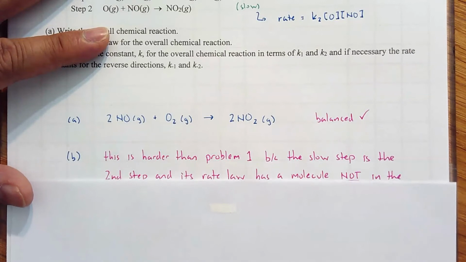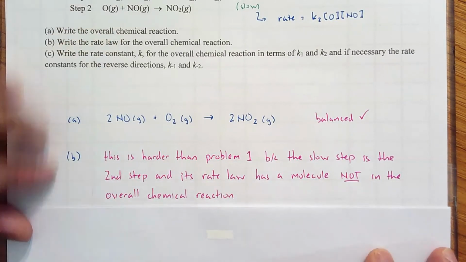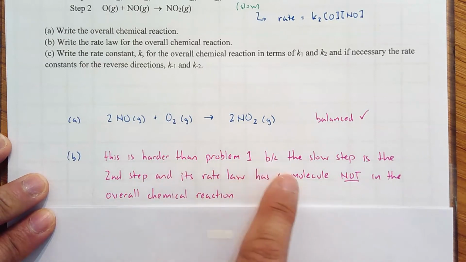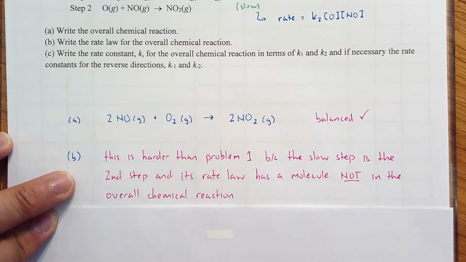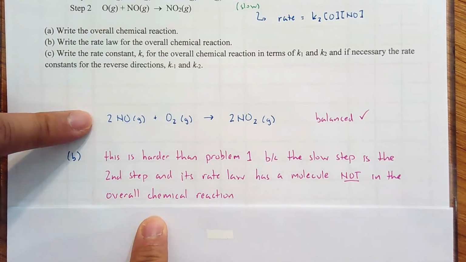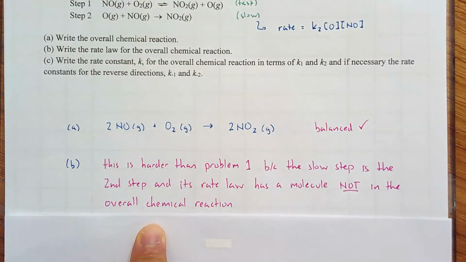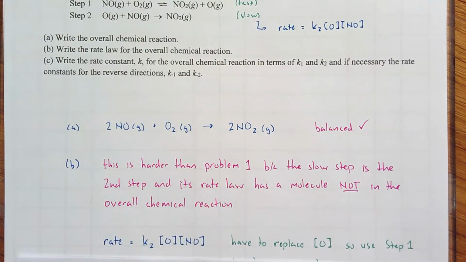And I think I wrote that down here. This is just a reiteration. This is harder than problem 1 because the slow step is the second step, and its rate law has a molecule not in the overall chemical reaction. Right? It has a single atom O in its rate law expression. Okay, good.